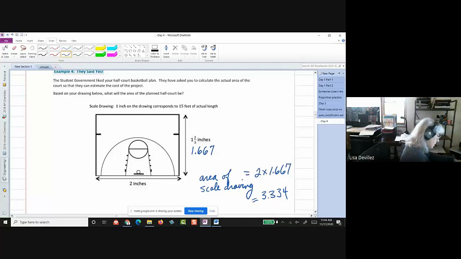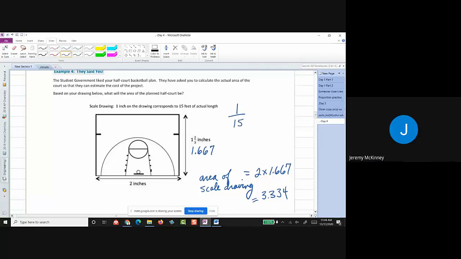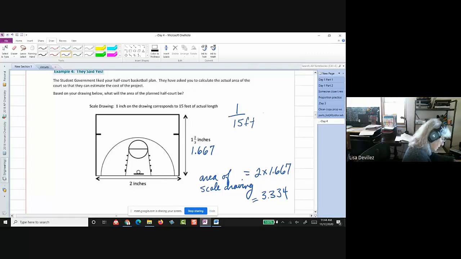All right, and so if we look here, it says our scale is that 1 inch is 15 feet. So that's our scale factor on there. Let's double check and make sure we're going to get the right answers too.